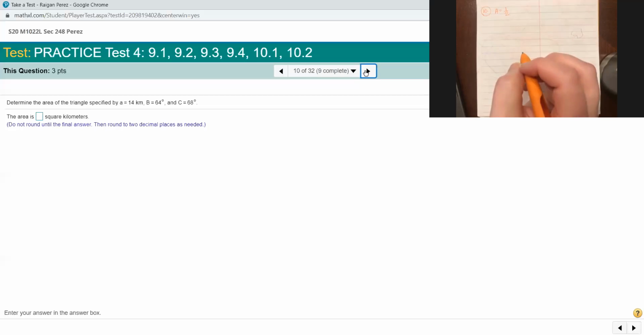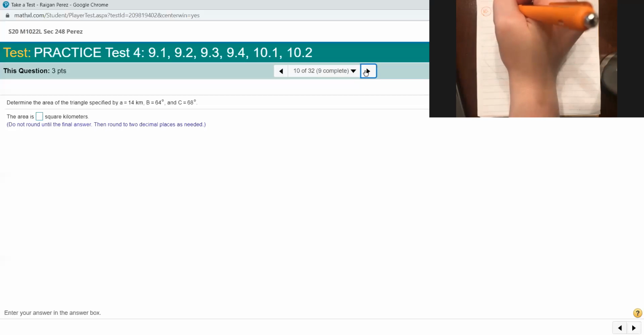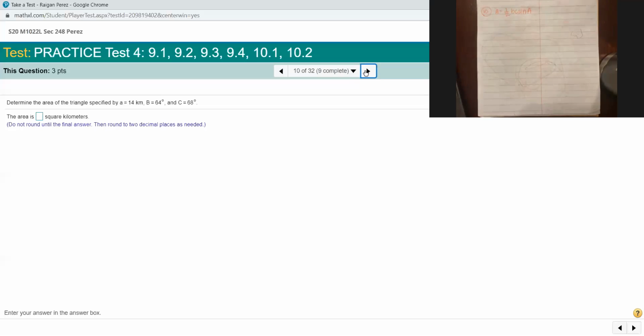Area is 1/2 BC sine of A, or you can switch them around based off what you got. So I have only one side length and 2 angles.